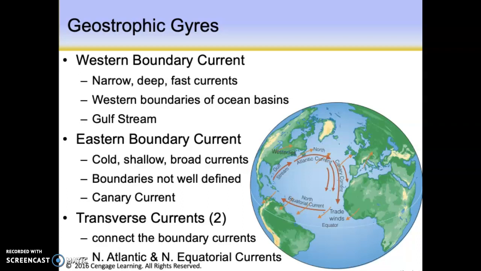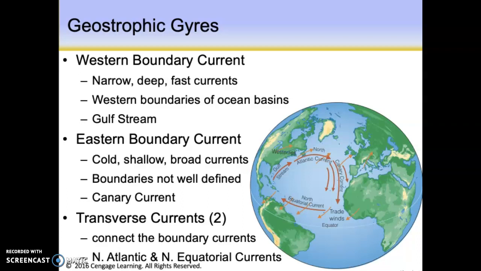Once it gets there, the Coriolis effect and the winds cause it to turn. Also, the presence of Europe causes it to turn to the right. It becomes the Canary Current. And you'll notice by the way they've drawn the arrows here, the Canary Current is much wider. So the eastern boundary current is what the Canary Current is.